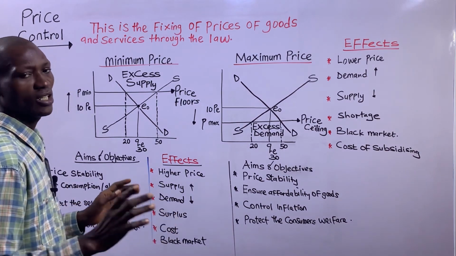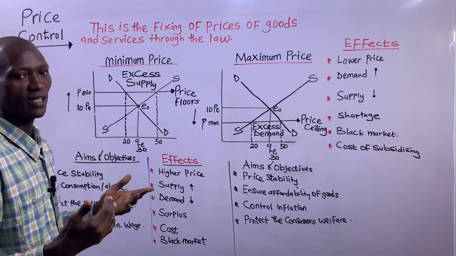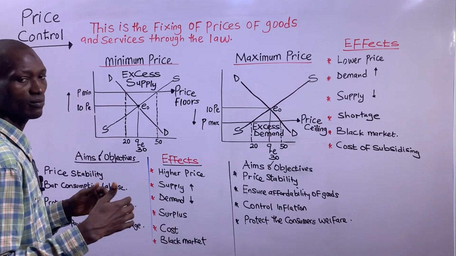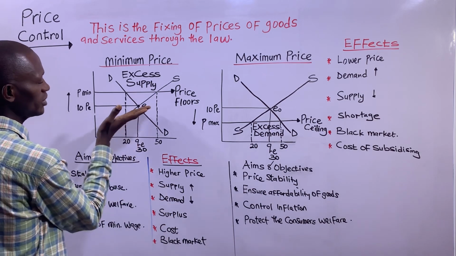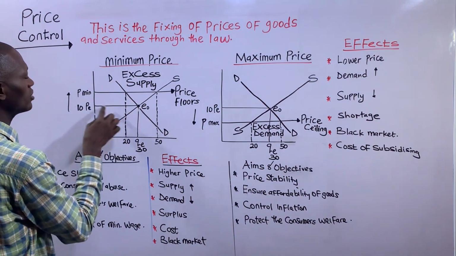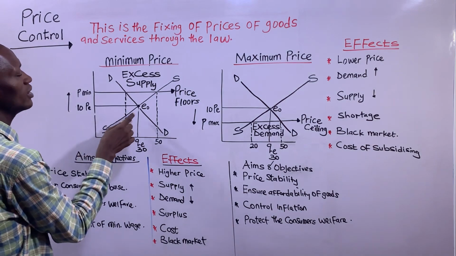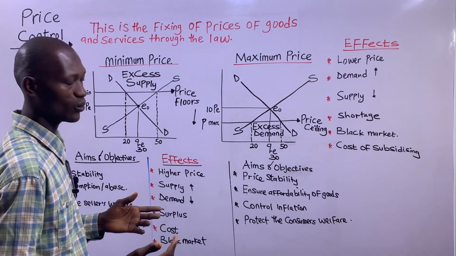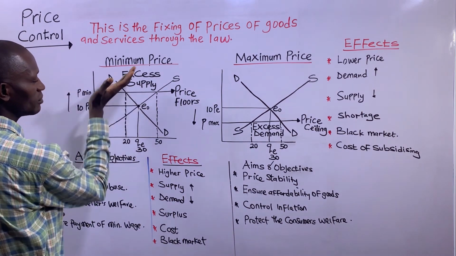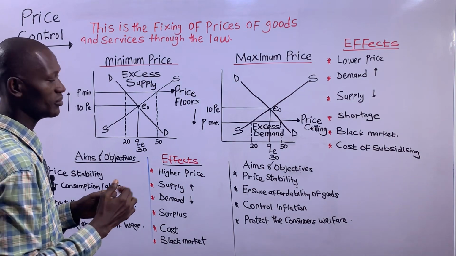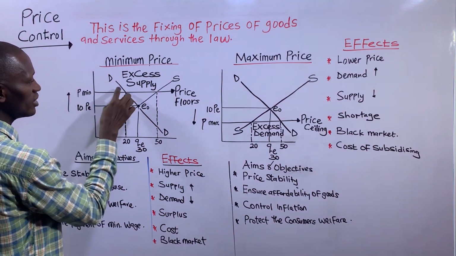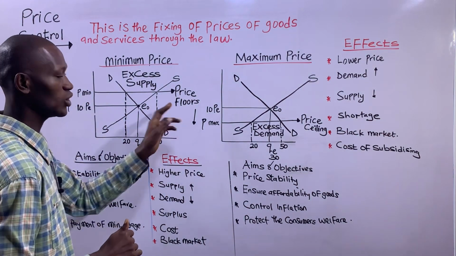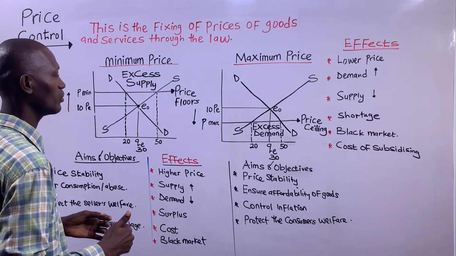In short, what the government is saying is that this equilibrium price you have here, PE of 10, is relatively very low. Then government is setting the price above the equilibrium. So PMIN is the minimum price legislation, which we also call the price floor.